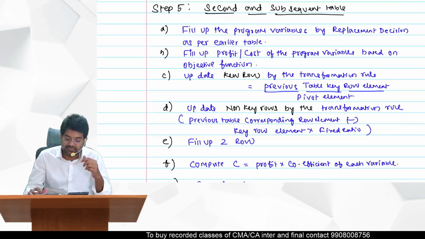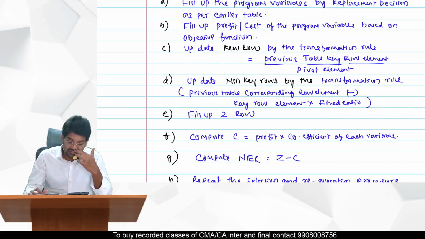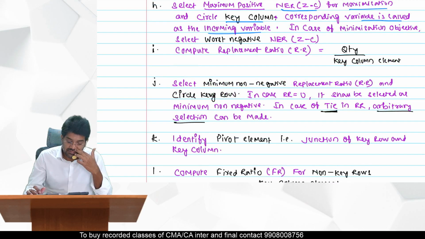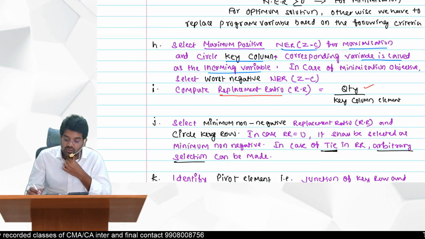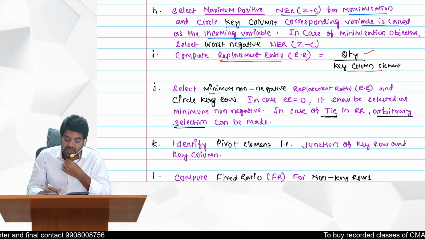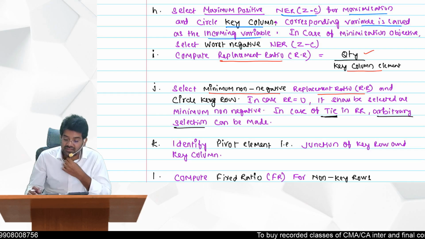Next step. Compute the replacement ratio. We have done quantity divided by key column elements. Select the minimum non-negative replacement ratio. Which one is the minimum non-negative?